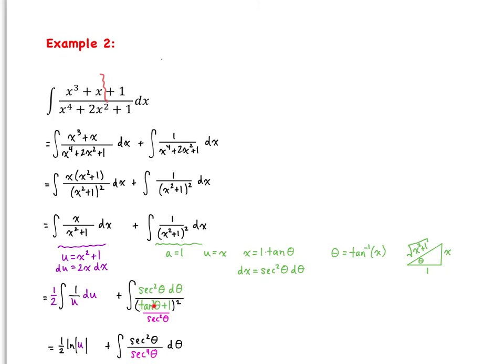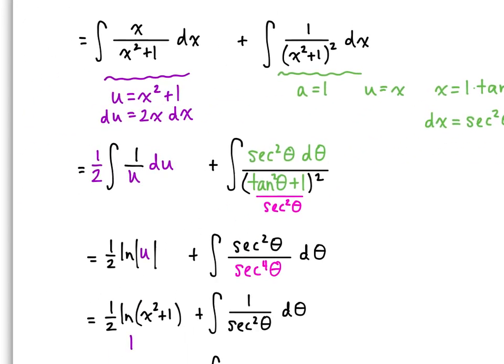X squared is tangent squared plus 1, and we're squaring that whole quantity. Keep in mind, we can integrate this left side relatively easily. Remember, tangent squared plus 1 is really secant squared. That's that trig identity. So now secant squared squared is secant to the 4th.